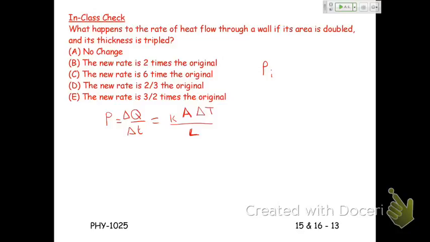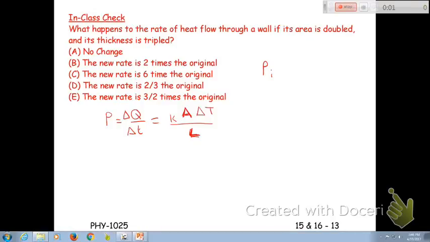Will the new rate be twice as much as the old? Will it be 6 times as much? Will it be 2/3 as much, or will it be 3/2 as much? Remembering that this is doubled and this is tripled. Let's just see how we do. Some people can just see this, and for other people, it's like, man, I still don't get it. It's just the way your mind works. So what do you think?